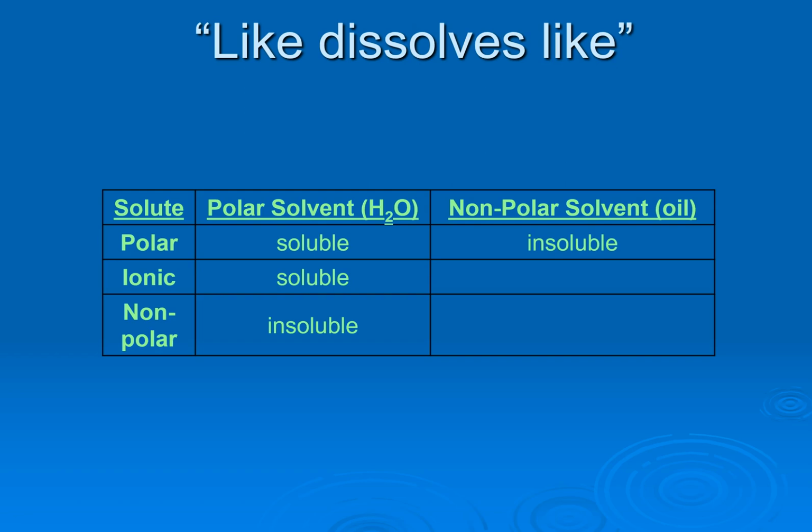But if you were to have a nonpolar solvent like oil, it cannot dissolve polar solutes or ionic solutes. If oil was mixed with a polar solute, they're just going to separate out, just like that picture showed a minute ago. But you are going to be able to dissolve any nonpolar solute into a nonpolar solvent like oil.